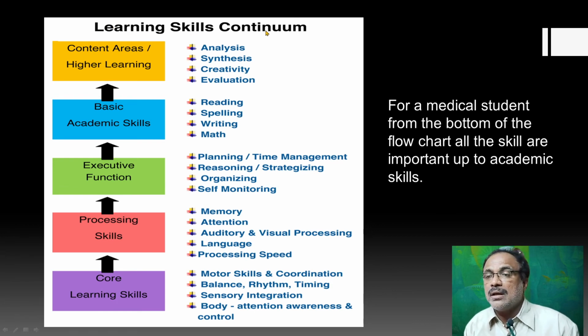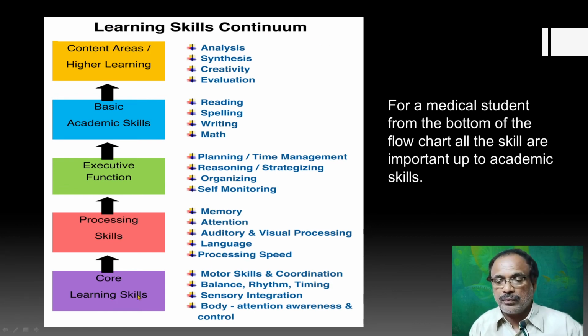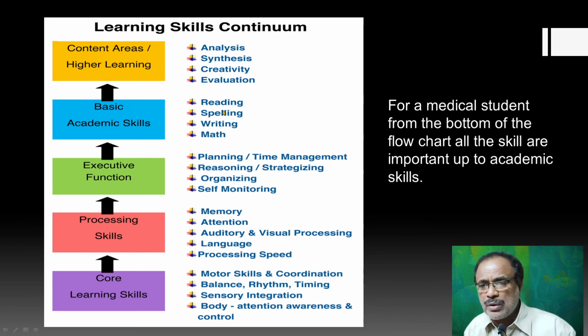Learning skill continuum. Core skills, even animals have core skills. Then processing skills. Then the next level is executive function. Then the basic academic skills. Being undergraduate students, you have to develop up to basic academic skills like reading, spelling, writing and compilation.